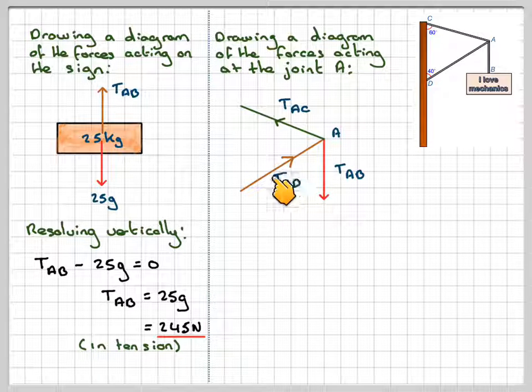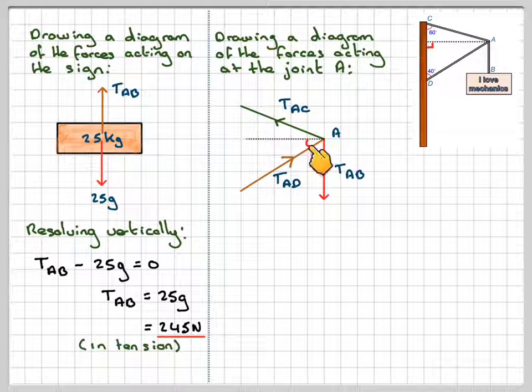Which way do we put the arrow on this force here? If we put it the other way, when we do the horizontal components, nothing will be in balance. You're going to have two components going that way, and therefore the whole system will not be in equilibrium. So this one force has got to be in compression, and this force here has got to be in tension.